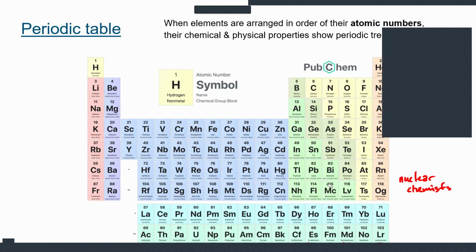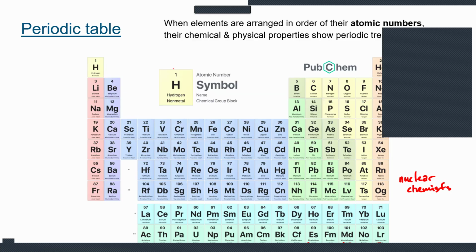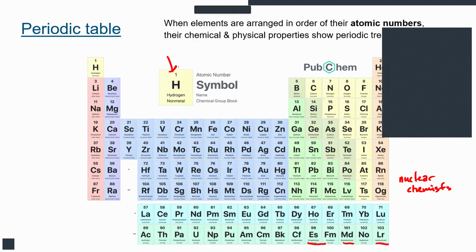Okay, so this is the layout of the periodic table. If you take any one of these symbols, this periodic table doesn't have a lot of information on it. It's got the full name of the metal or of the material. If we take this right here, this large one, we've got our atomic number. It's a whole number. It's got the atomic symbol.